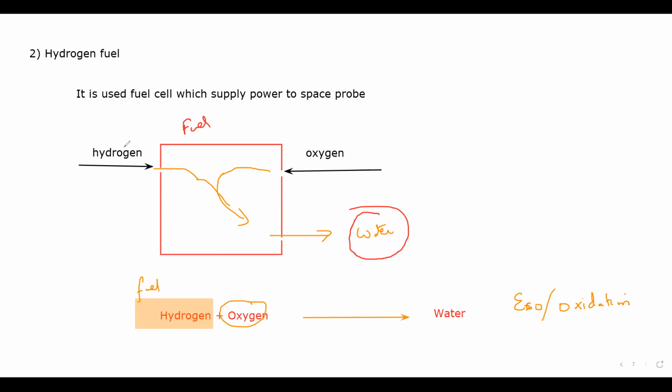But there are hydrogen buses which use hydrogen fuel. Normally in Germany they run these hydrogen fuel buses. The test run was there, but it's not common. Number one is availability of hydrogen, and number two, storing hydrogen is a difficult technique, because we need high pressure to store a gas, as compared to a liquid, which is easy to store.